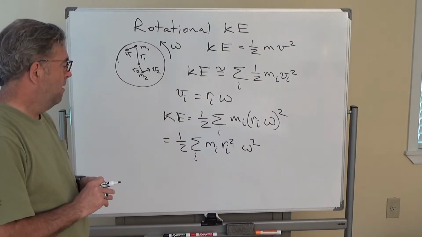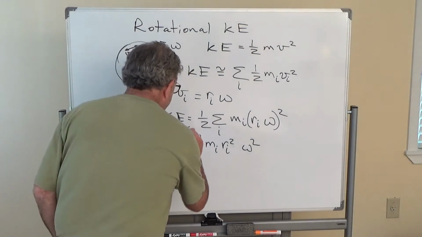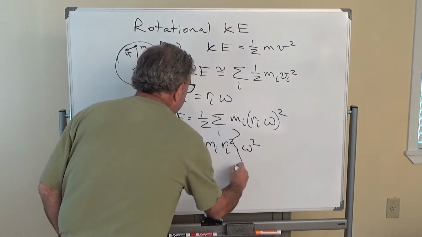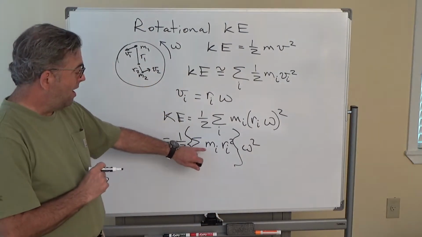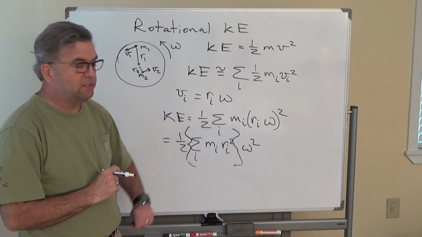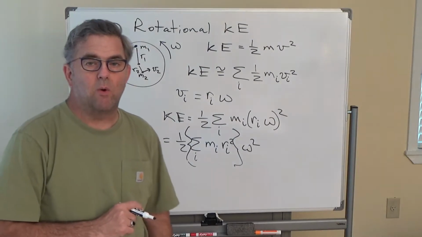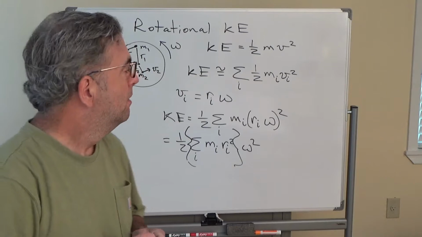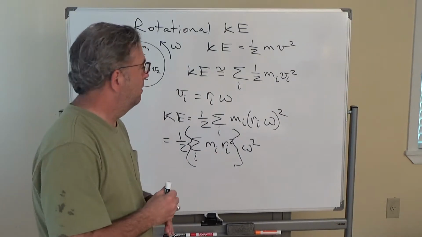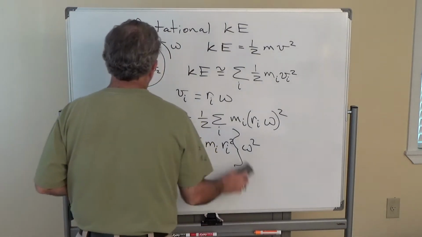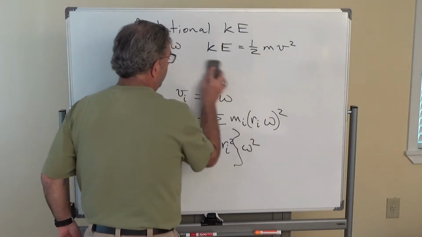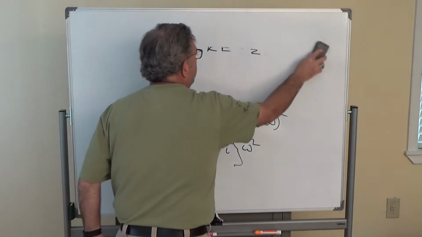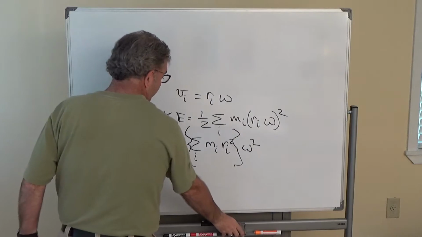All right? That quantity, the sum over i of m sub i r sub i squared, we give a special name. That's called the moment of inertia. This moment of inertia is the rotational equivalent of mass.